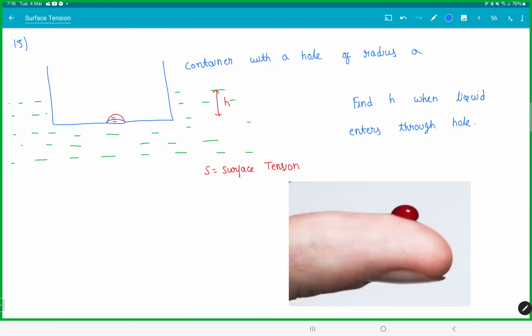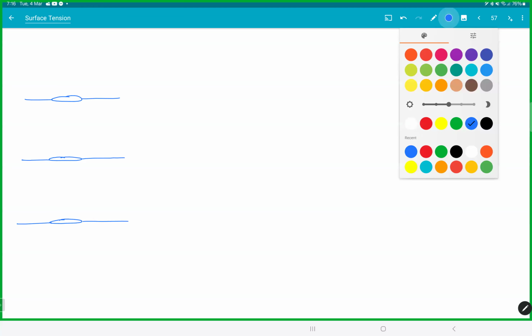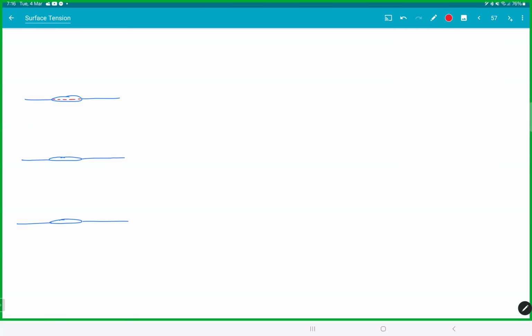Let's see. If you actually look at the hole, this is what you will notice. As you're pushing the liquid, initially the liquid is flat. Then you get a small bulge like this.